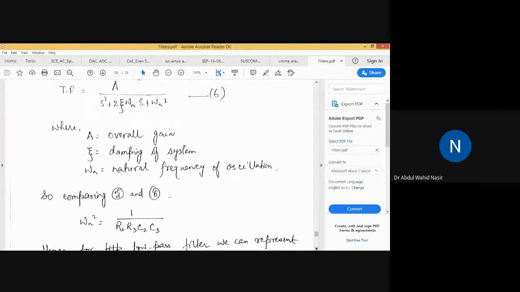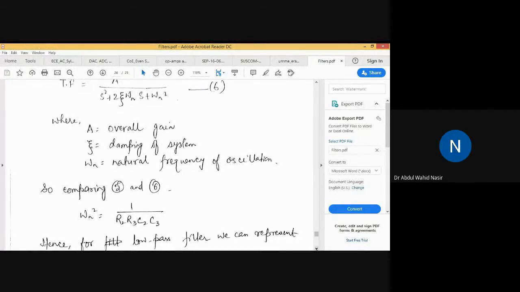Now, what is omega n? In case of a low pass filter, omega n is nothing but the cutoff frequency. Which cutoff frequency? High cutoff frequency. So omega n is equal to omega h for a low pass filter.